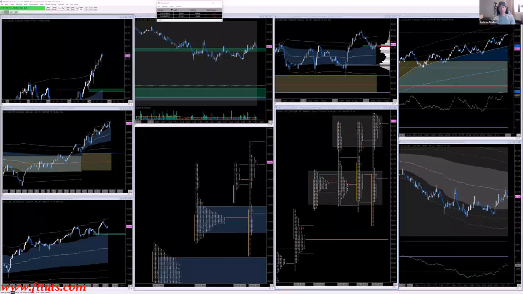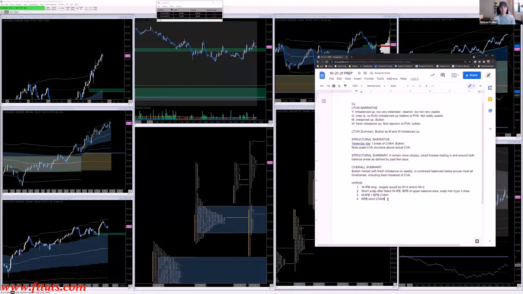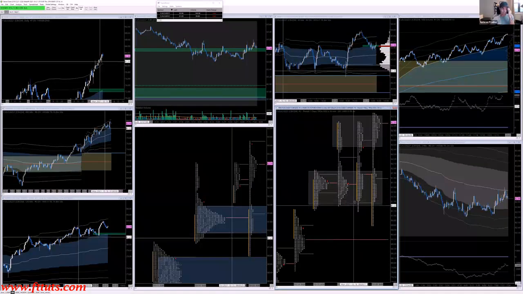Well, the fourth thing that could happen would be a return pullback. I just typed return pullback short, composite value high. The fifth thing that could happen would be, let's look at it, but it's a breakout pullback lower.